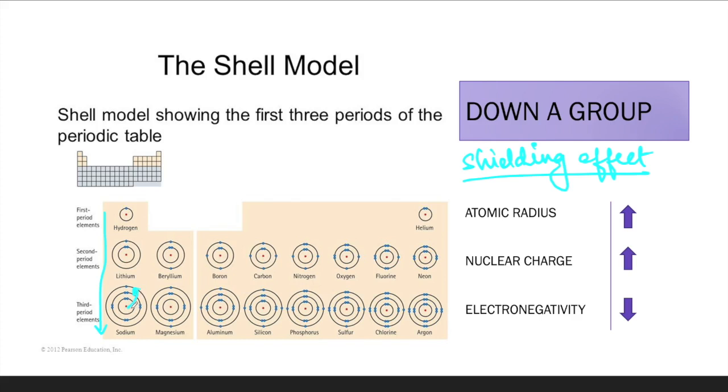Because of the shielding effect, as the size of the atom increases and the nuclear pull does not have much effect on the valence electrons, the atom does not have a higher tendency to gain electrons in the valence shell. So as we go down, the electronegative values of the elements decrease.